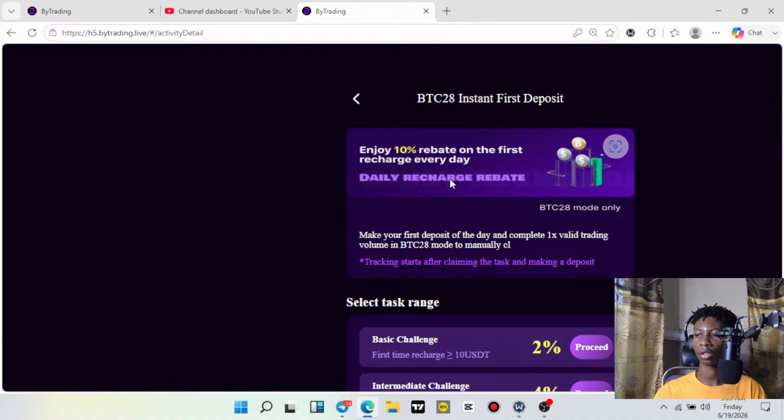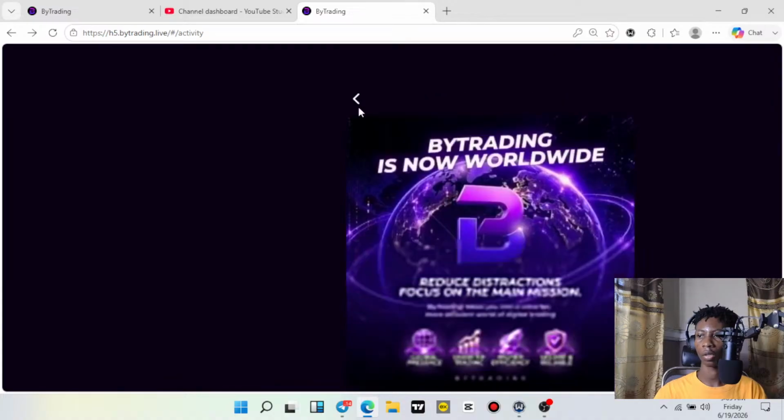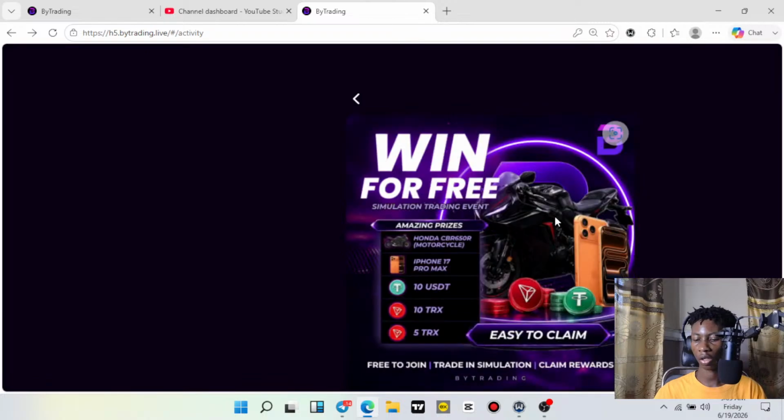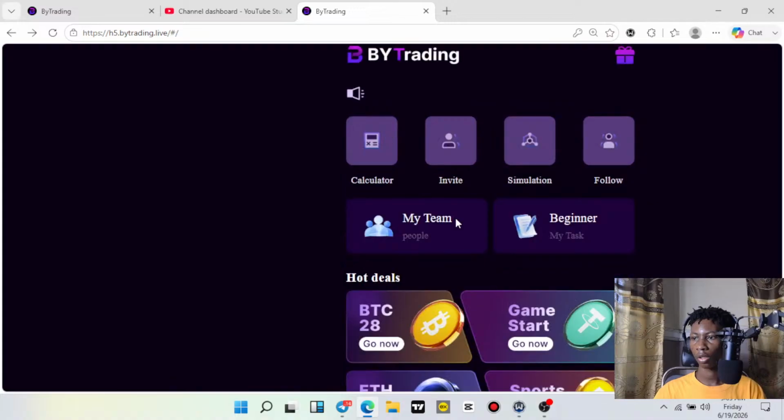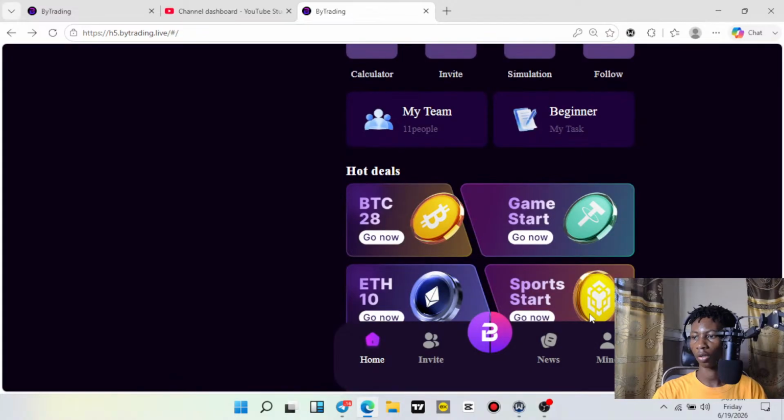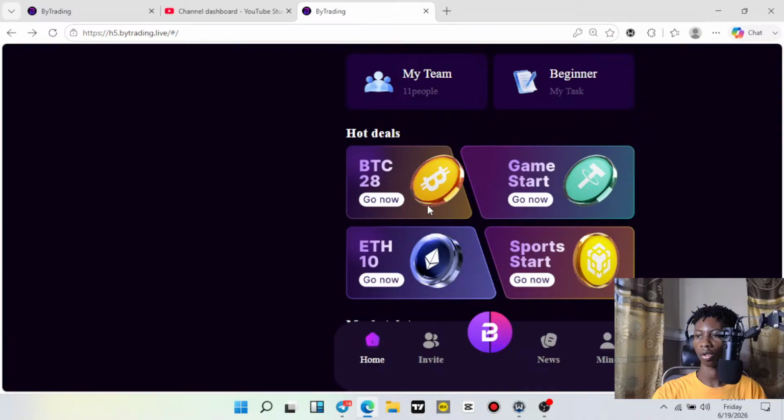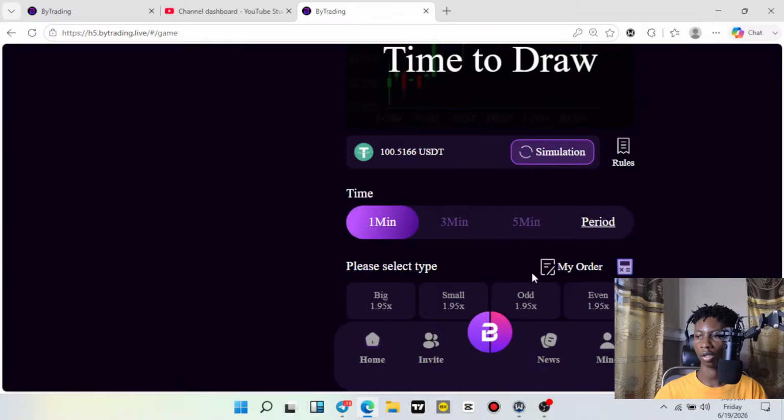Which actually means once you top up your account on the platform, you can come right here and participate in this particular activity. So let me click on back, and I'm going to wait for them to update us on how the trade went. Or I can still come right here to this section where it says my order.